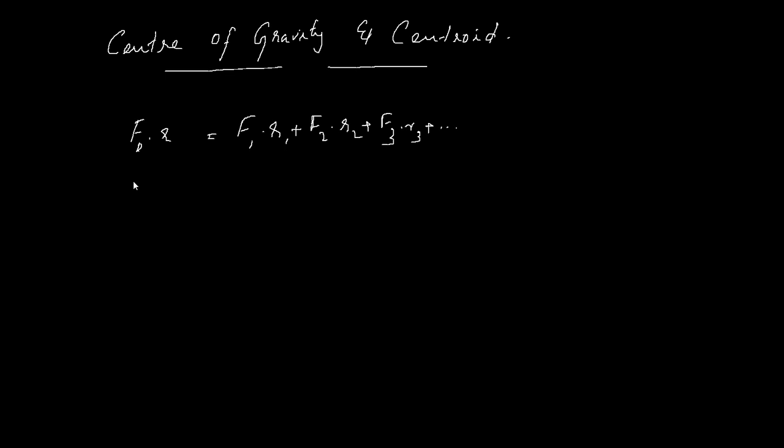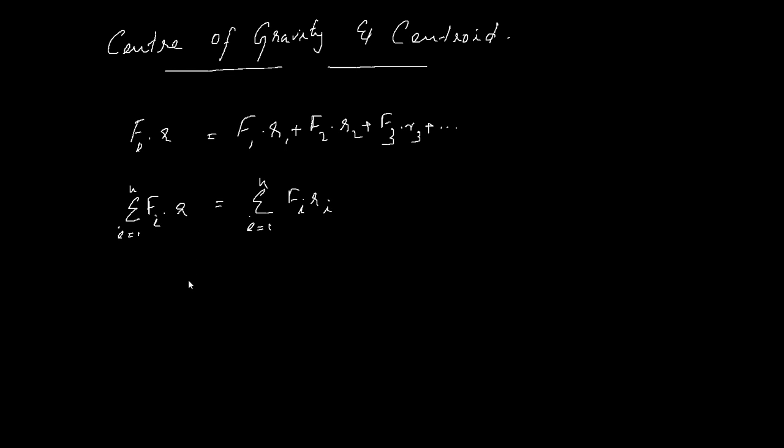So you can also rewrite this equation as summation i equal to 1 to n Fi into R is equal to summation i equal to 1 to n Fi Ri.